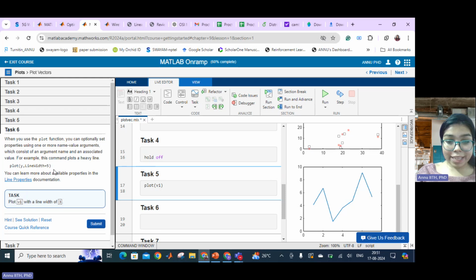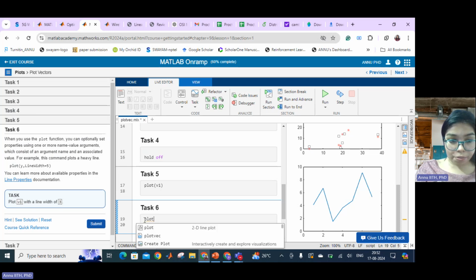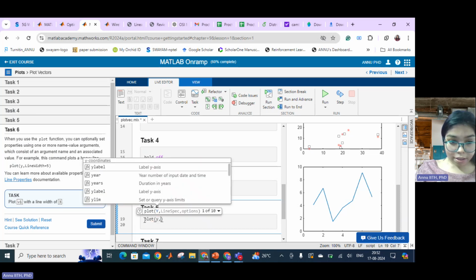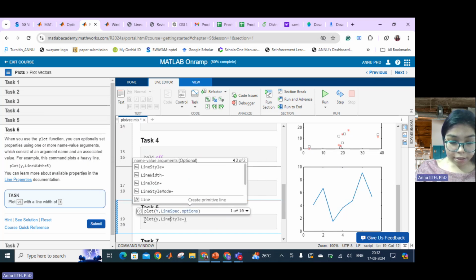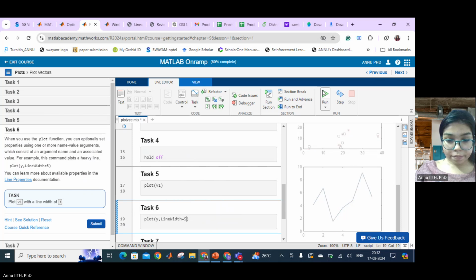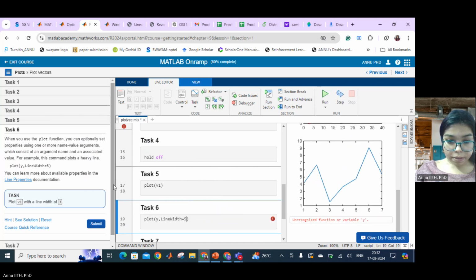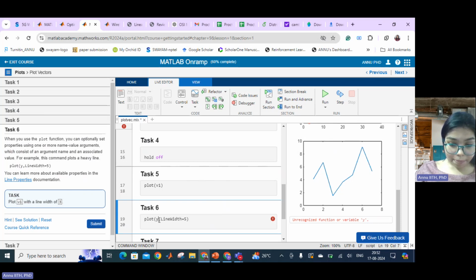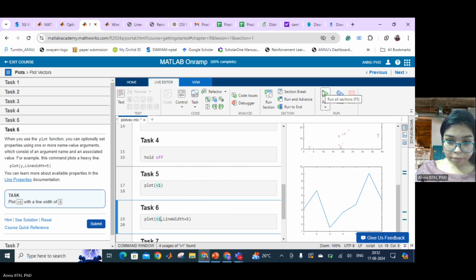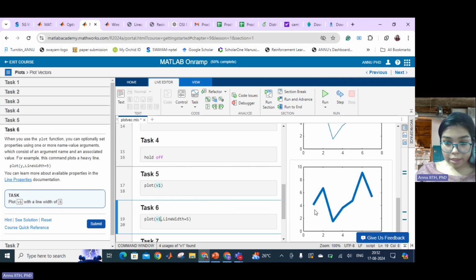Suppose you want a different value, plot y with the line width. Y is not given, so v1 is there. Sorry, this type of error you can have. Okay, now you can see it with a different line width.